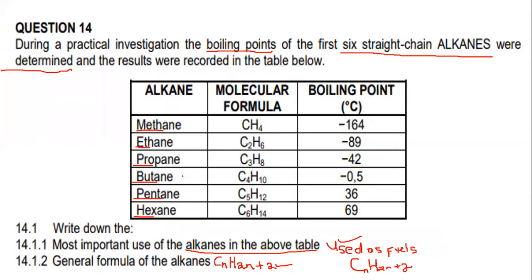The results here are actually based on the independent variable as well as the dependent variable altogether. So we agreed that the independent variable is the chain length, and we agreed that the dependent variable is the boiling point.